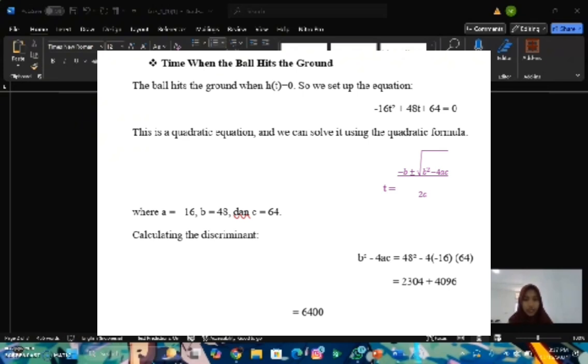Calculating the discriminant. The formula of the discriminant is b² - 4ac, so we can substitute the values a, b, and c into the formula.